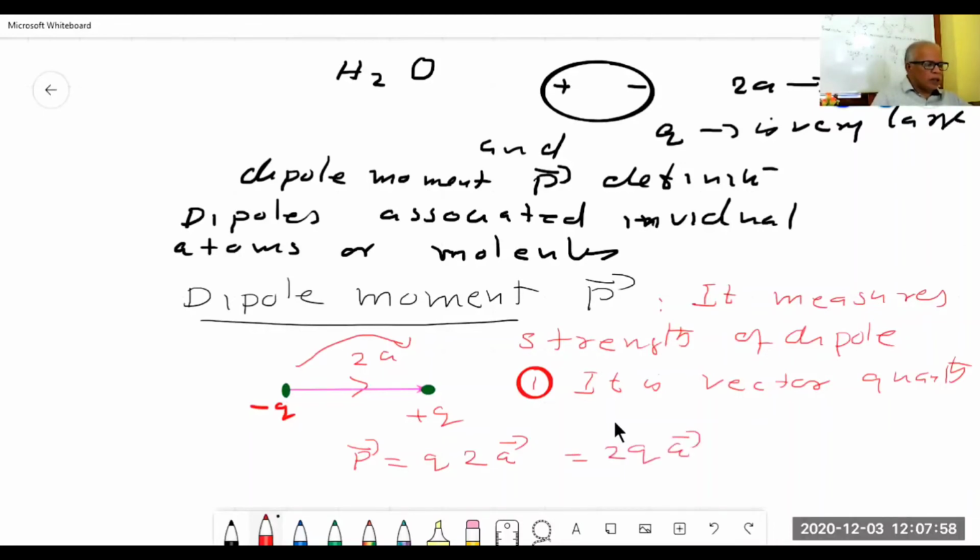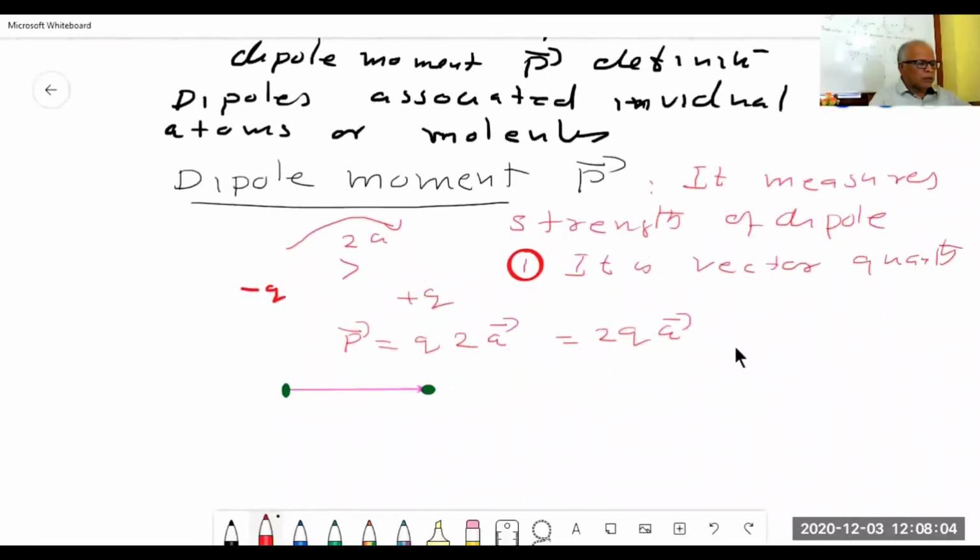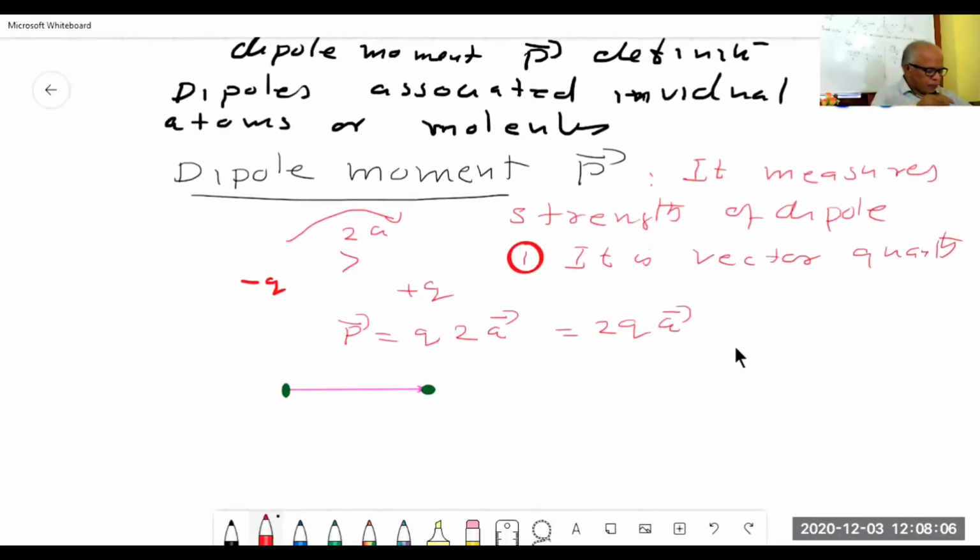It is a constant of matter; dipole, quadrupole kinds of things are constants of matter. The unit is coulomb meter, C·m.